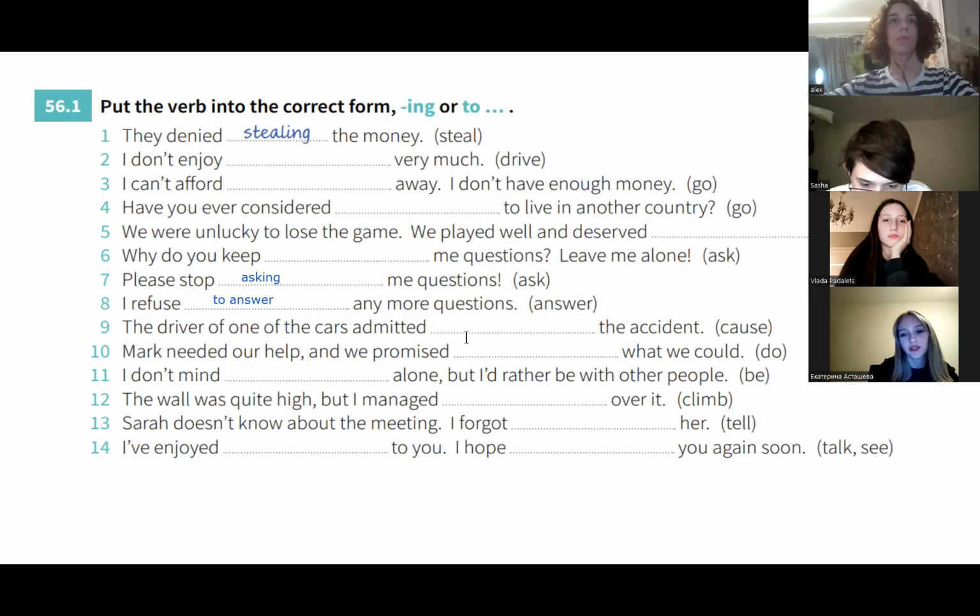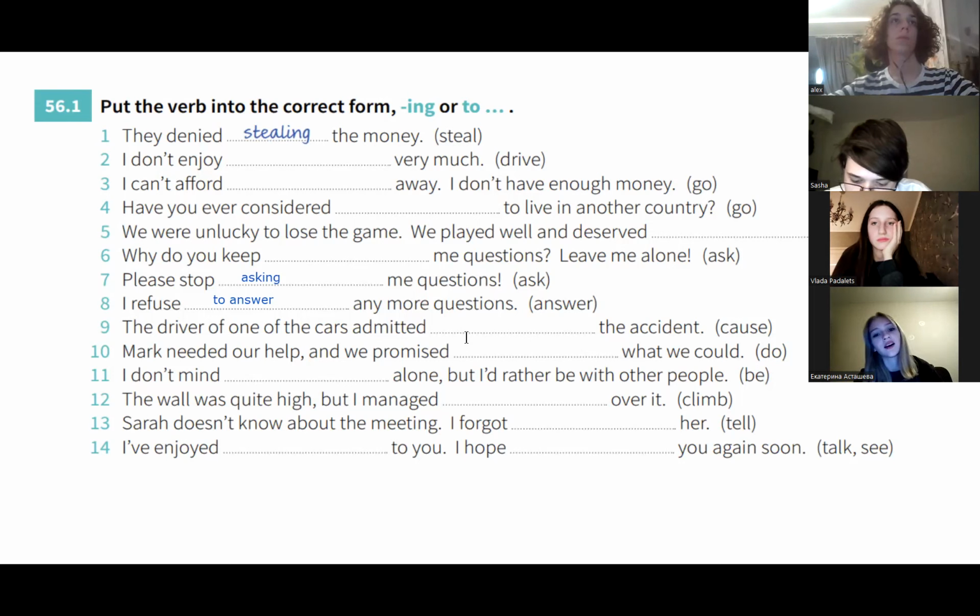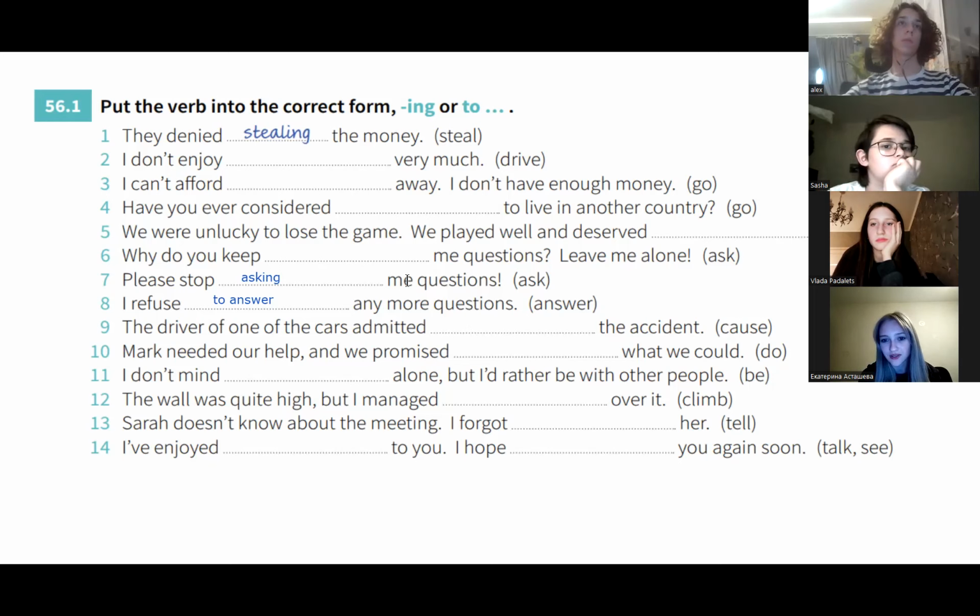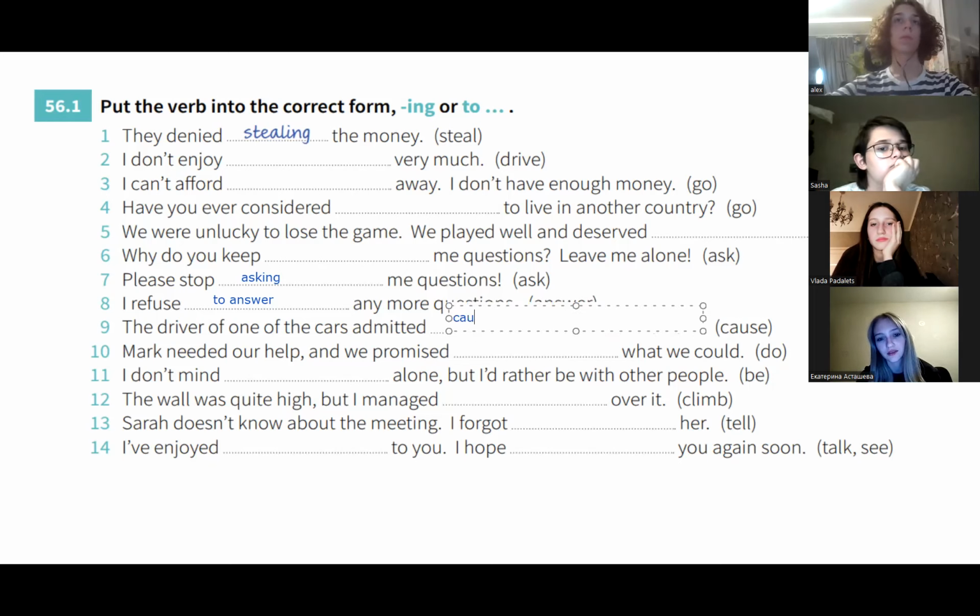I can't really hear what you say, maybe it's the connection. Admitted causing. Causing, yeah, is the ing form. Admitted causing the accident. This is gerund, correct. Vlada, please.